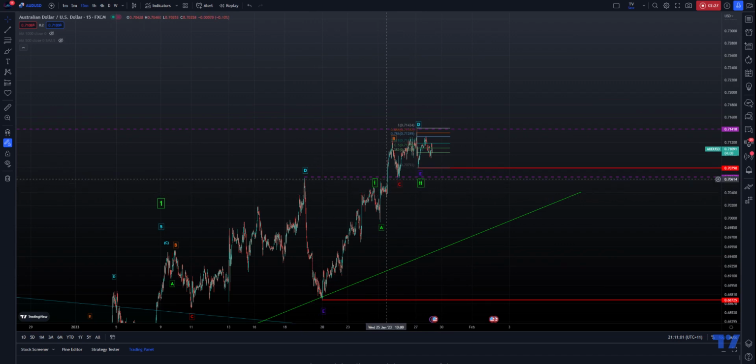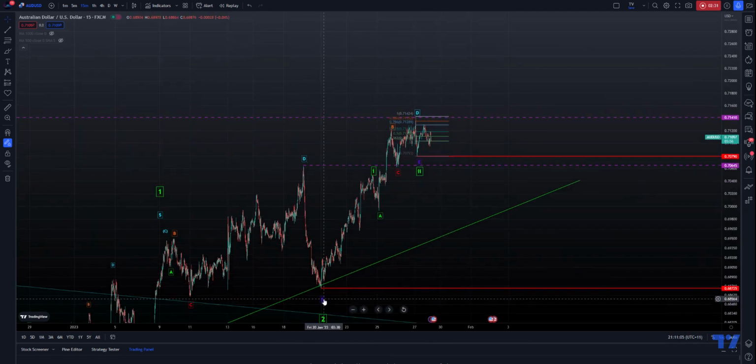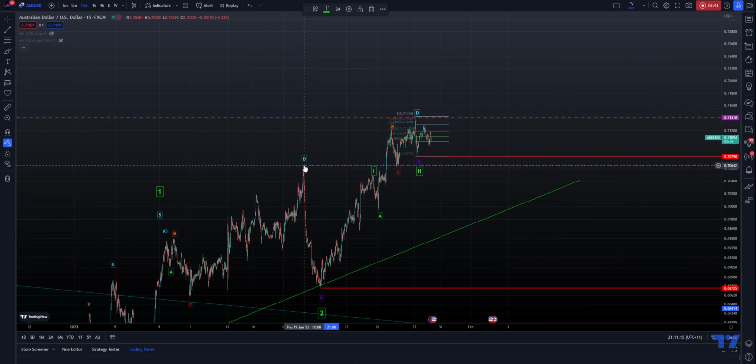We're retesting a couple of levels here. So we broke above the wave E from down here, and basically the start of that wave E, and we broke up above it. We're retesting it.